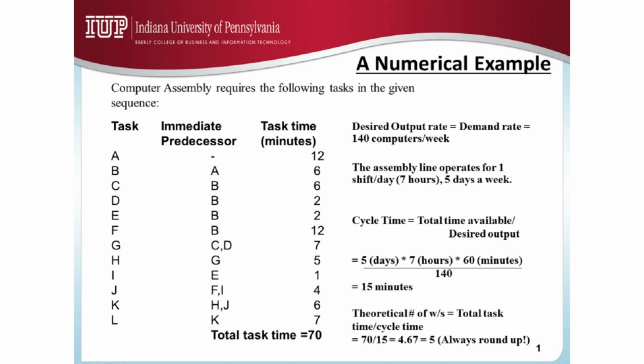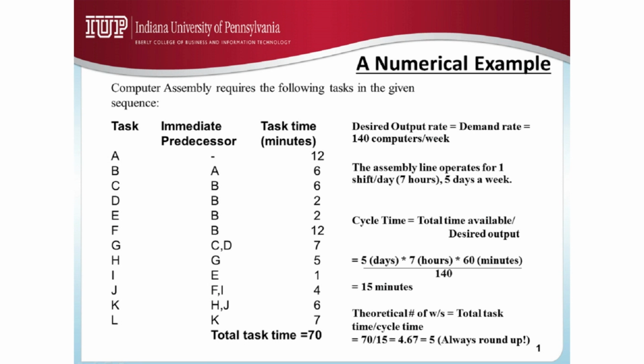If you can come up with a balanced assembly line, which will require exactly 70 minutes to complete the entire assembly of this computer, then you have a perfect assembly line. As you will see, that may not be possible. But your goal is to get as close as possible to 70 minutes.